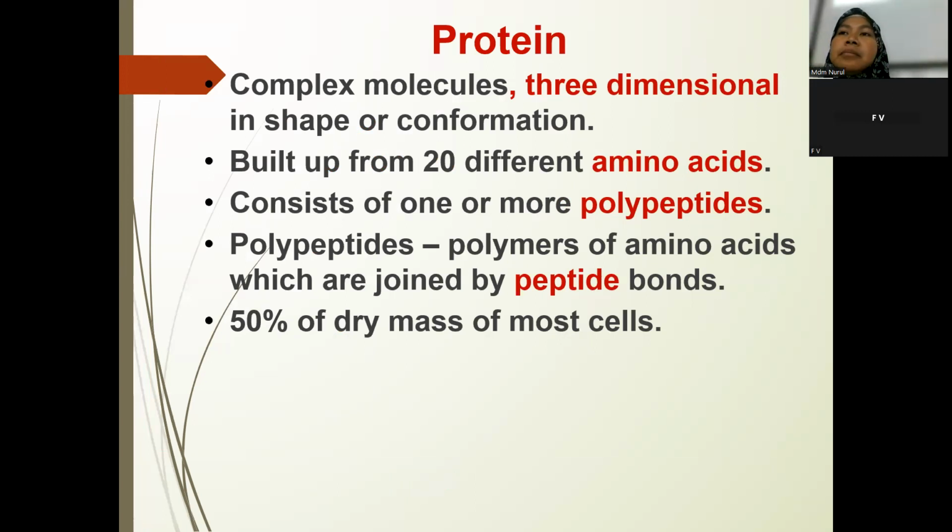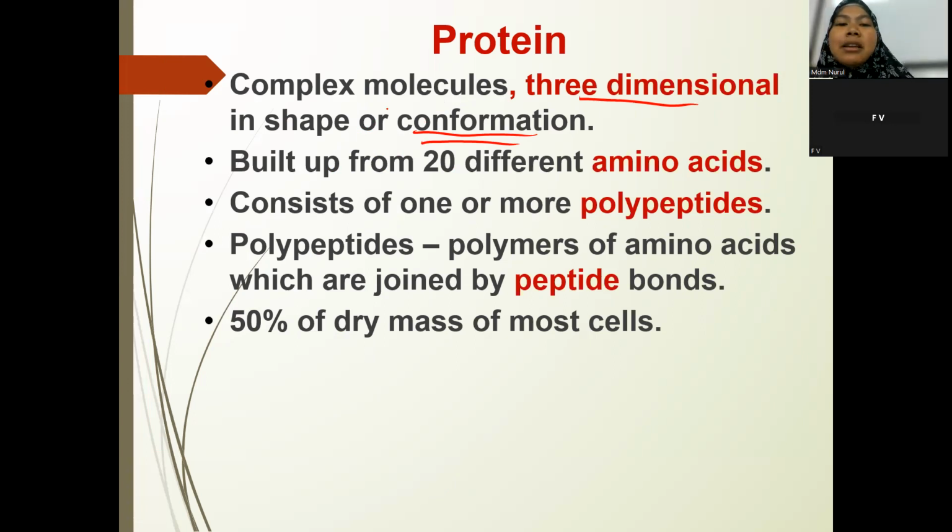Okay. Protein is a complex molecule, 3-dimensional in shape. Bentuk 3D. 3-dimensional in shape, or we call as conformation. Okay, listen here. You are going to meet this word again and again later on.